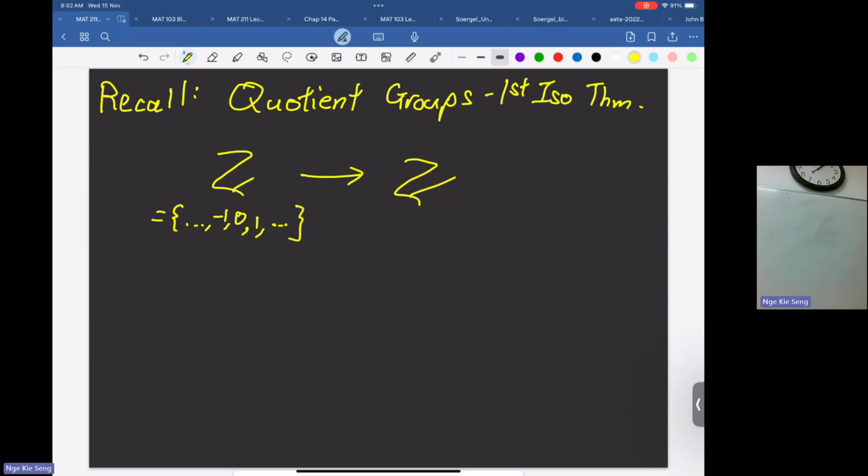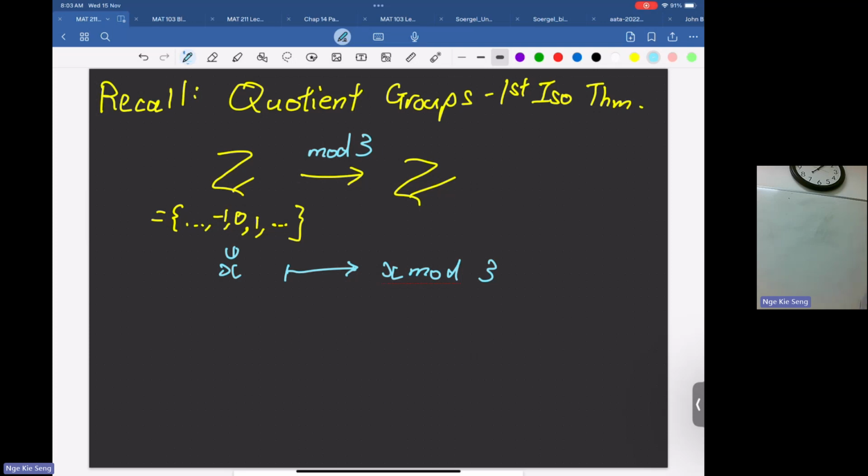Let's consider a map called mod 3, for example. What does mod 3 do? Mod 3 sends any element x to x mod 3. What is x mod 3? It gives you the remainder after dividing by 3.